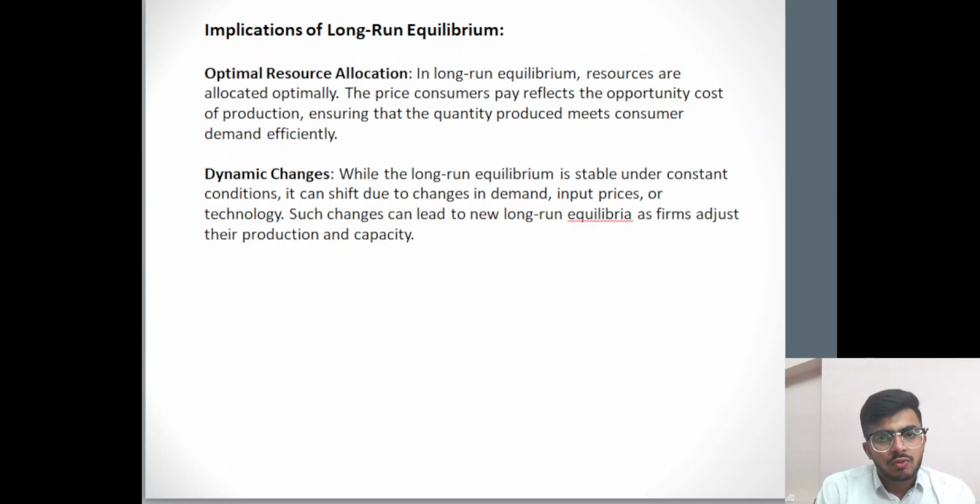Now the implications of long run equilibrium are optimal resource allocation and dynamic change. In long run equilibrium, resources are allocated optimally.